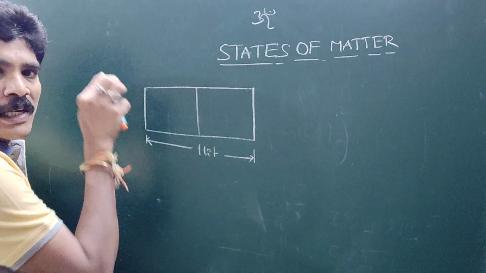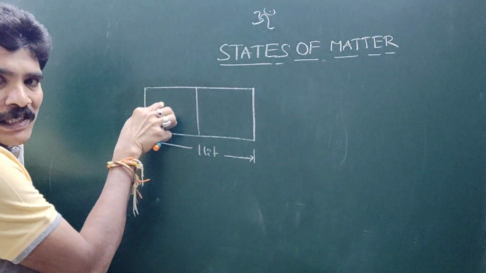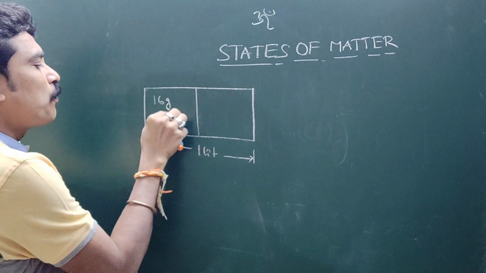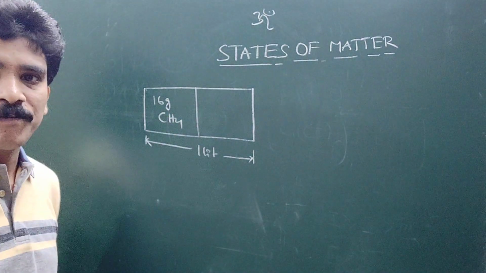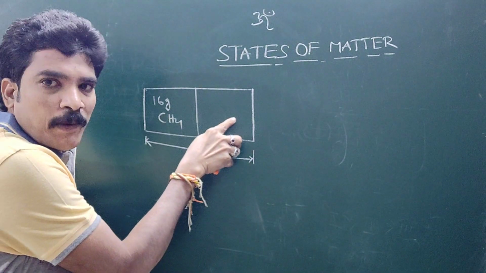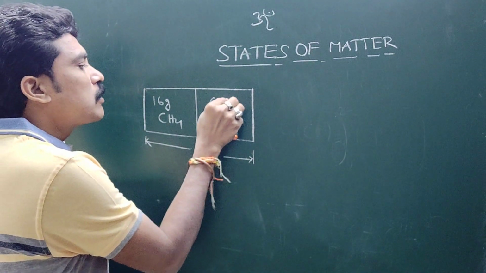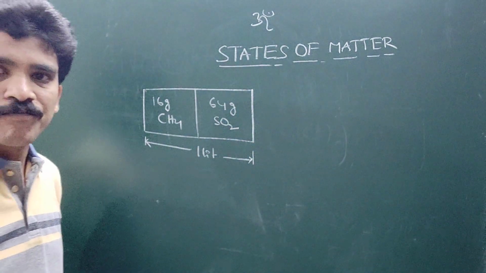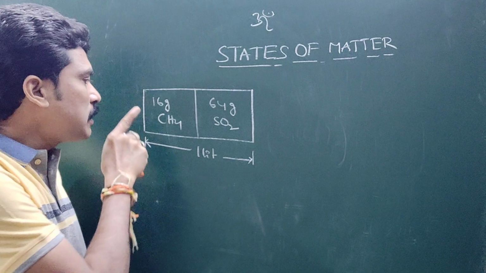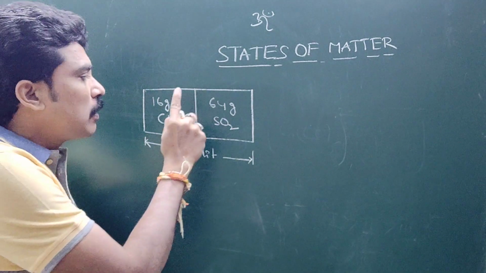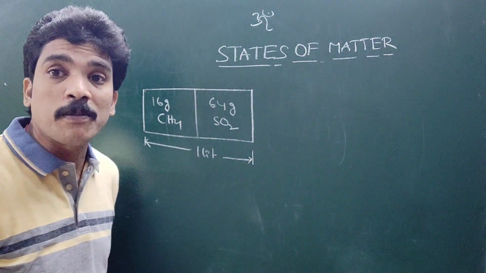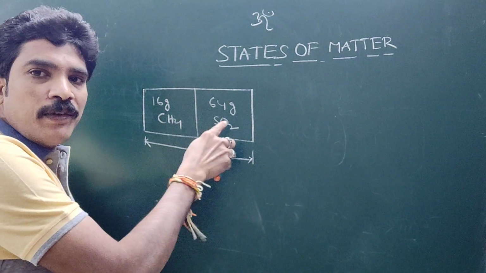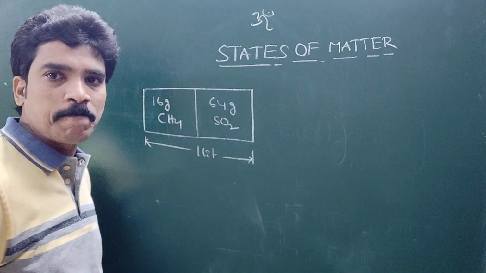Suppose the left side of the vessel contains 16 grams of methane gas, and the right side compartment contains 64 grams of SO2 gas, divided with a partition.